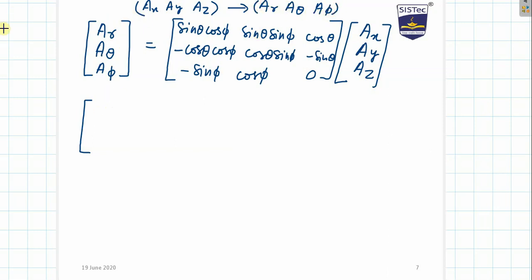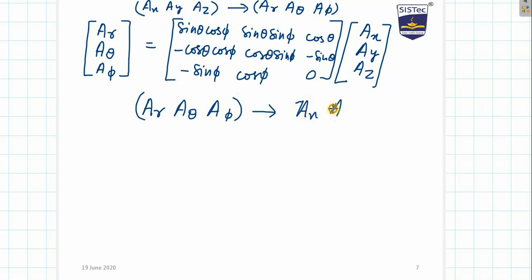And if we want to do the vice versa, that is if it is given in ar, a theta, a phi, and we want to transform it into ax, ay, and az, then we can similarly do it by inverting it, by inverse transformation. So here we will get ax, ay, and az.